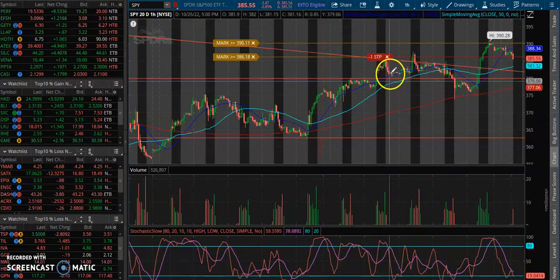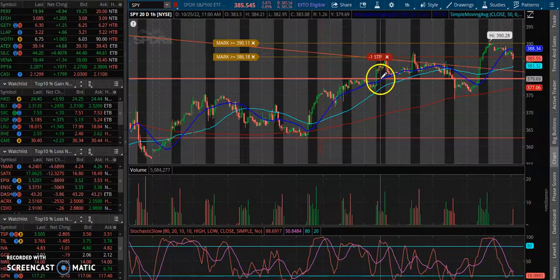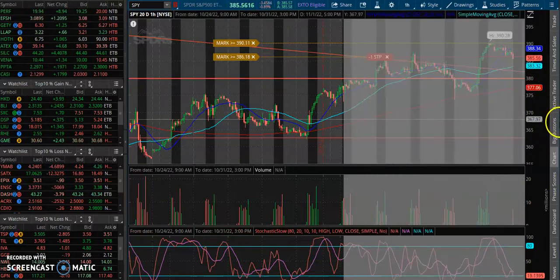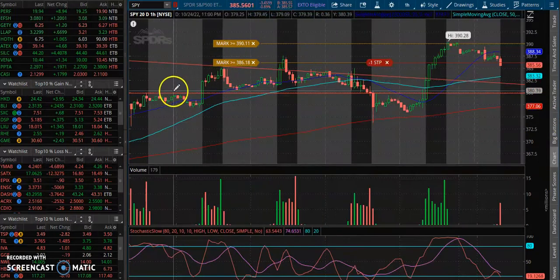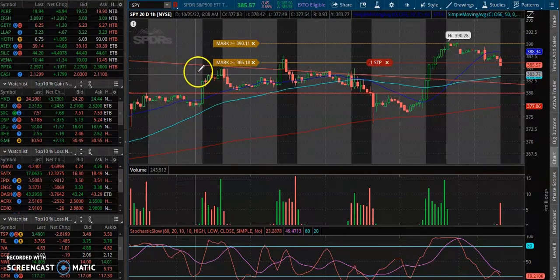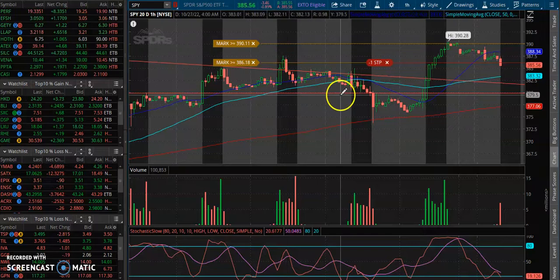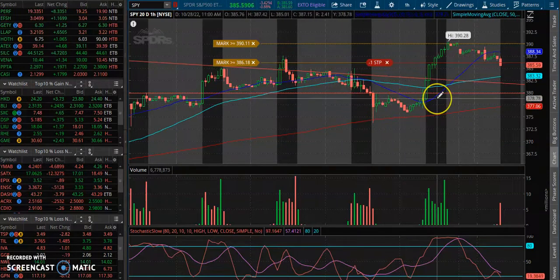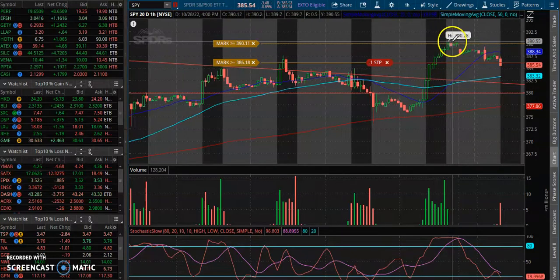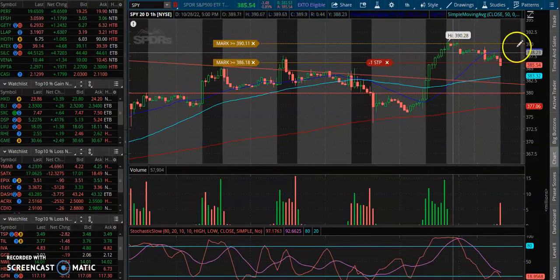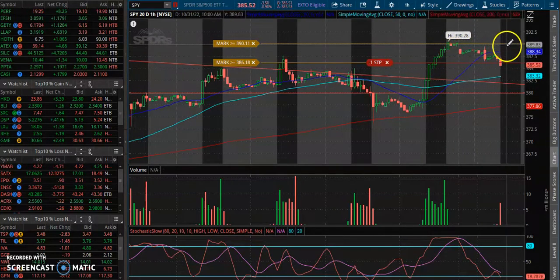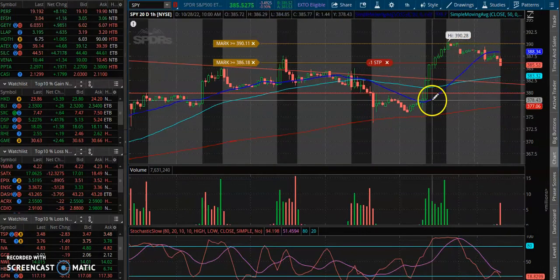So what do I mean? 379, let's zoom in here. 378 to 390. Once we choose a direction, we have to go to the top of this range or the bottom of this range.